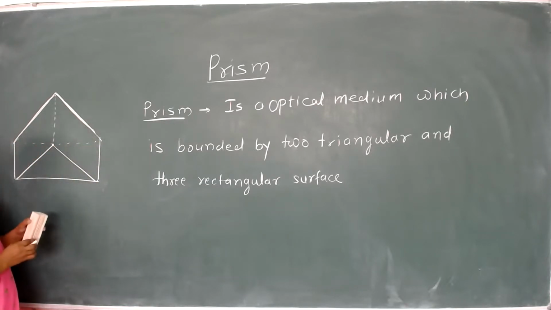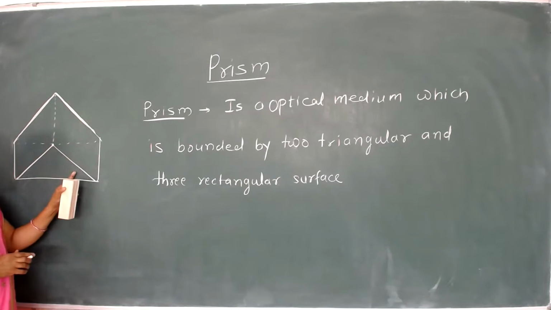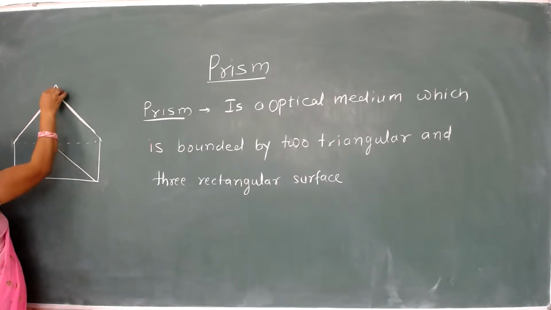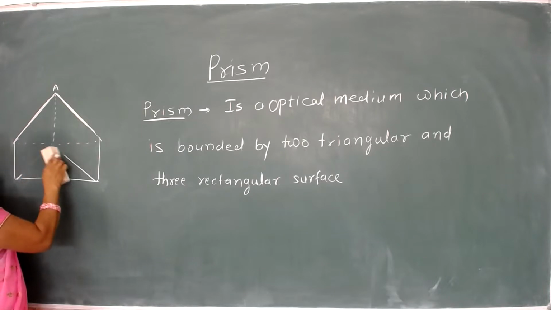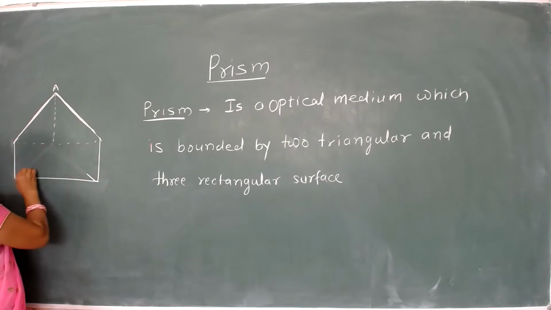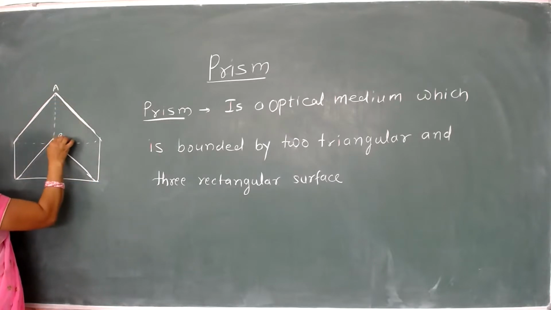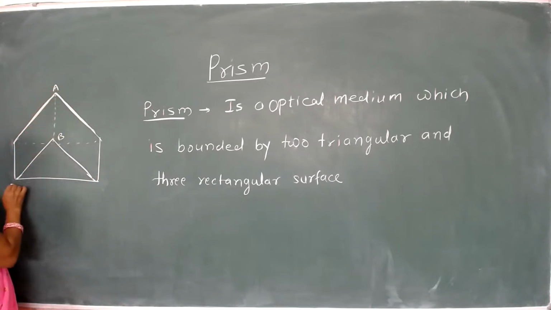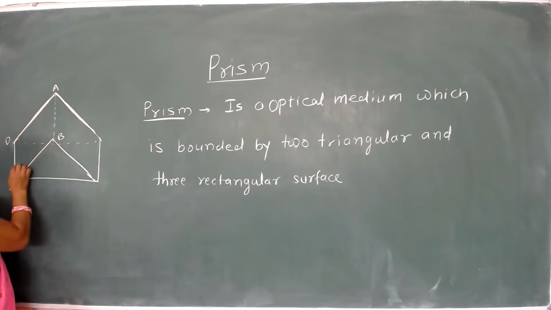So here, this is known as a prism. In the prism, there are three rectangular surfaces. Here, A, B, C and D is the first rectangular surface.